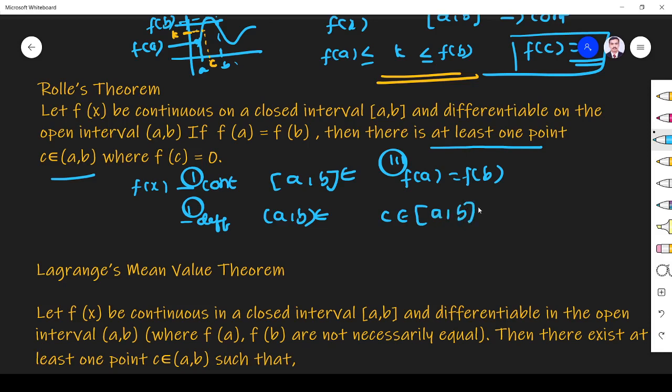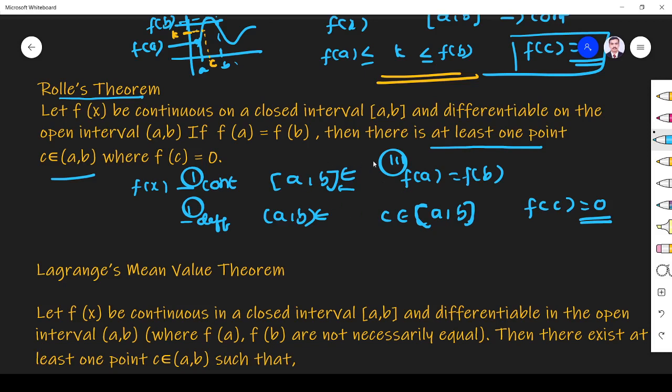Whenever we want to apply Rolle's theorem, first we have to check the function is continuous in the closed interval, differentiable in the open interval, and also that f of a is equal to f of b.